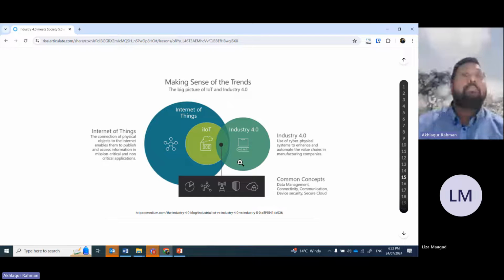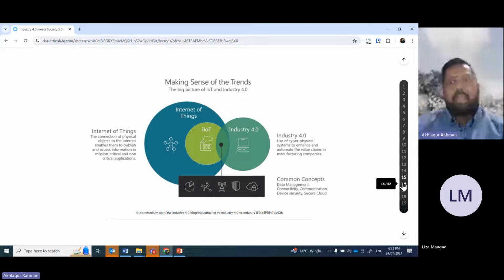So in many senses, when we talk about Industry 4.0 and IoT, or in particular industrial IoT, we are talking about similar concepts. At least for the scope of this presentation, both are pointing to the same thing, which is data management, connectivity, communication, and secure cloud technology to benefit our operation. So that's where we are now, Industry 4.0.